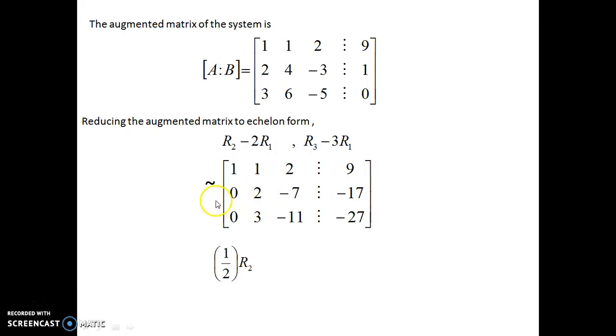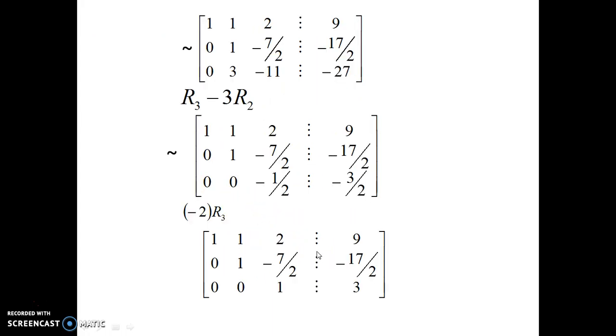For this we divide the second row by 2, then 1 1 2 9, then 0 1 -7/2 -17/2, 0 3 -11 and -27. Then below the second diagonal element, we make this 3 a 0.